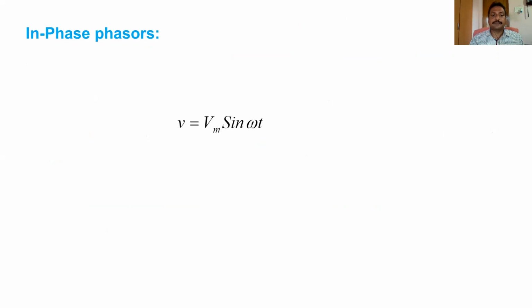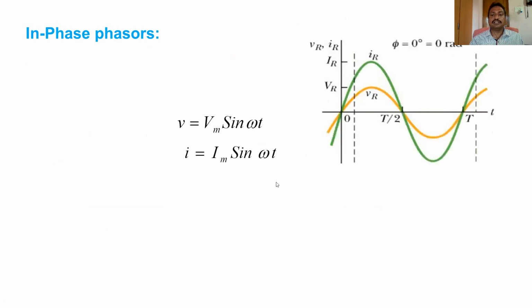Then the in-phase phasors: V is equal to Vm sin omega t, I is equal to Im sin omega t. Both are the same, but the magnitudes may differ. See here, the green is the current phasor and the yellow is the voltage phasor.